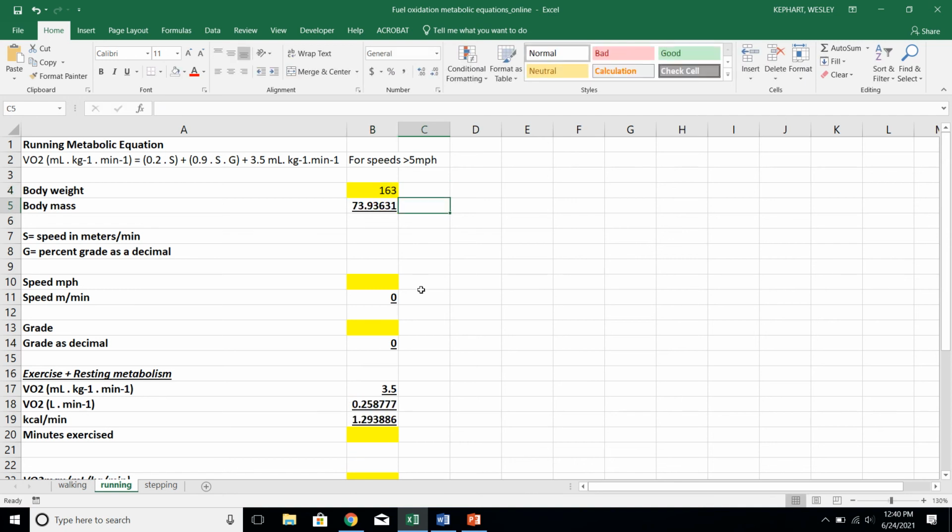That's a little bit below what I actually am, but that's cool. Let's say that I want to be jogging at 6 miles per hour. That would be a 10-minute mile. And notice here, you need to be over 5 miles per hour for this to work, and if we're doing this on a flat surface, 0% grade.